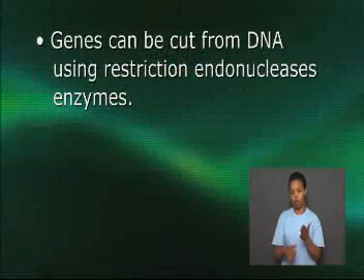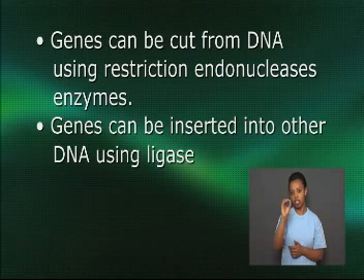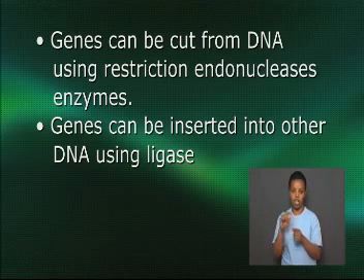The development of 3 techniques made genetic engineering possible. The first was that genes can be cut out of a DNA molecule using enzymes called restriction endonucleases. The second was that genes can be inserted or tied into another DNA molecule using a ligase enzyme.